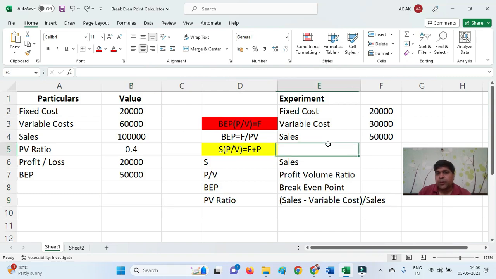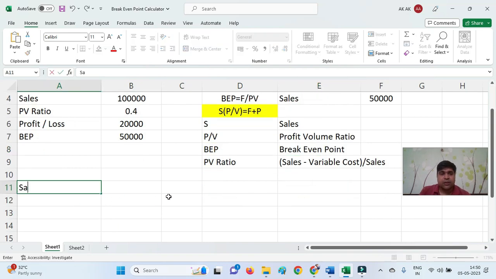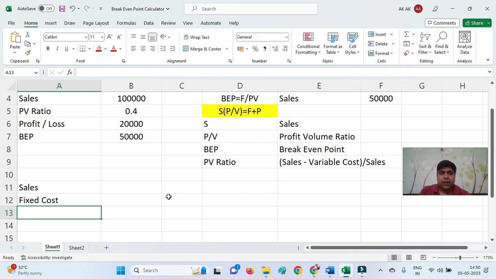Now we did an experiment. Generally when you make a balance sheet you have a few figures. What are the figures? You have sales, you have fixed cost, and you have variable cost.